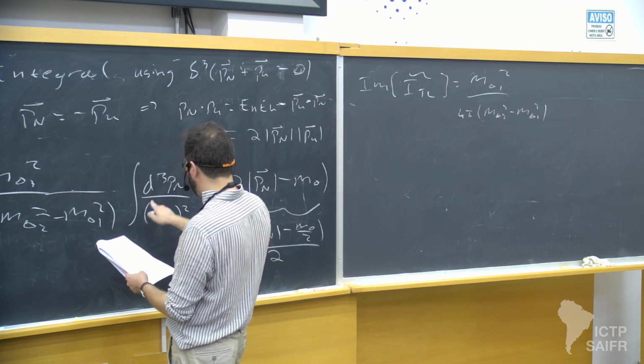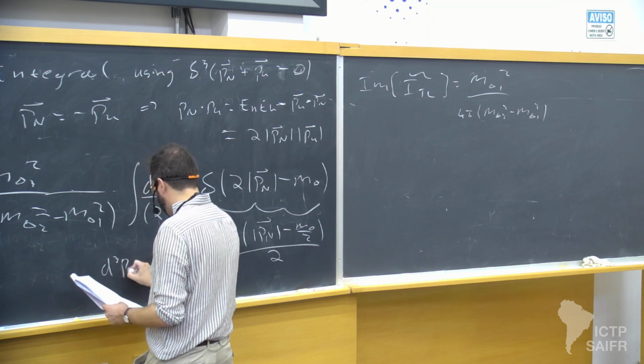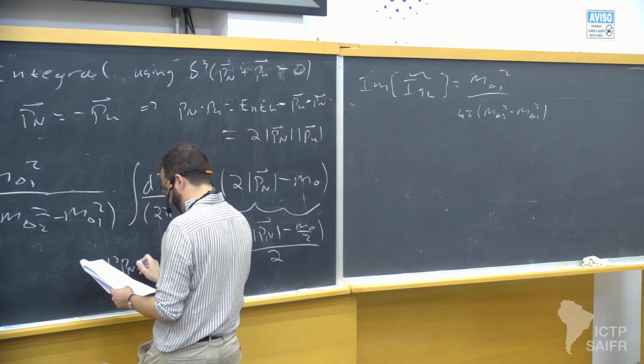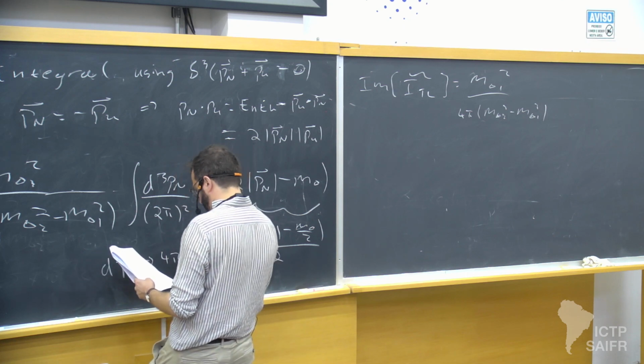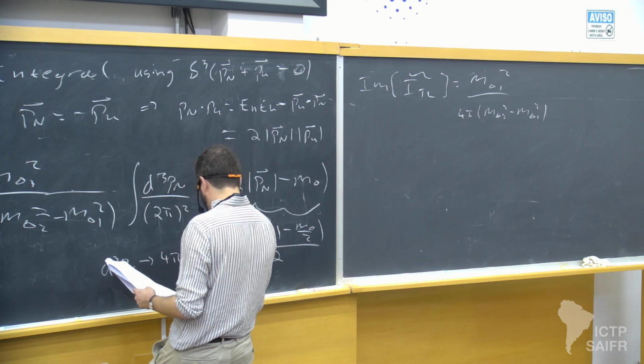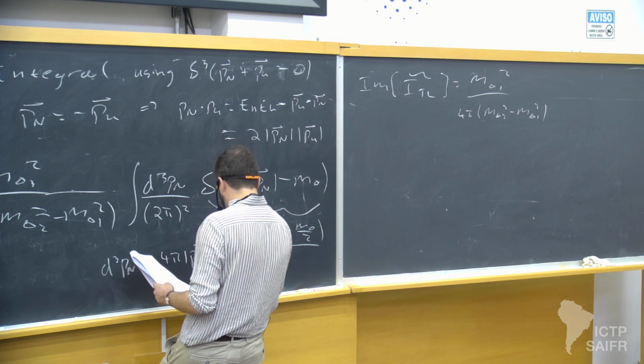As d3pn, we're going to rewrite this as 4 pi pn squared dpn, okay?